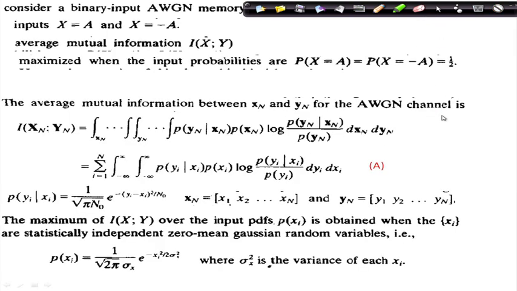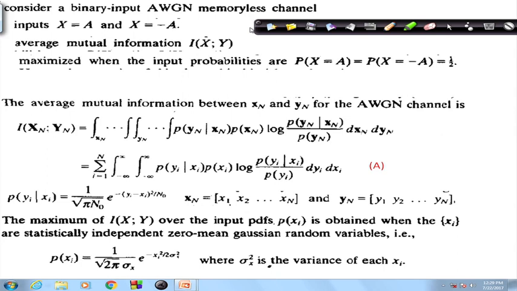All right. Next, quickly let us look at the binary input AWGN channel. If we have the binary input AWGN channel, input is A or minus A, and you can calculate. So, let us just use this result that the mutual information is maximized for P, the probability of selecting the source symbols, being half.